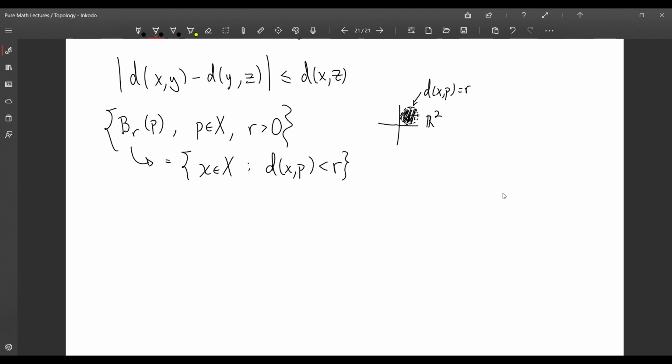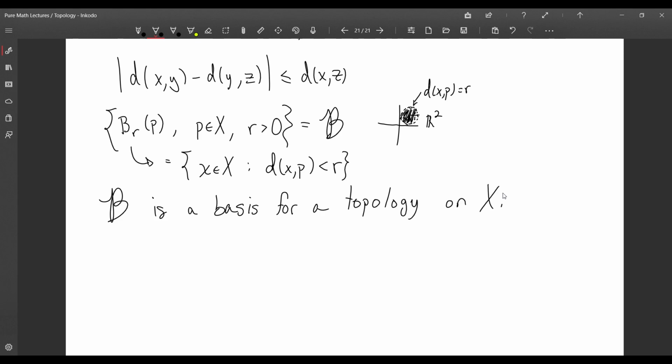So this collection of B sub R of P, where P is an element of X and R is greater than 0, is going to be a basis for a topology on X. And for the proof of this, you have to show that this collection satisfies the two properties for a basis.